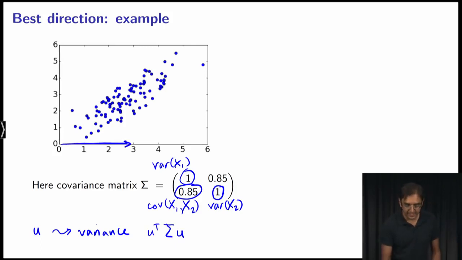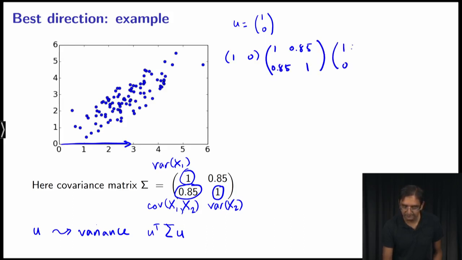Okay, in that case, the projection direction is (1, 0). That's the x1 direction. And what is u transpose sigma u? Well, u transpose is (1, 0). Sigma is [1, 0.85; 0.85, 1], and then (1, 0). This works out to 1. Is that the variance of the projected data? Yes, it's the variance of x1. We already knew that. Okay.